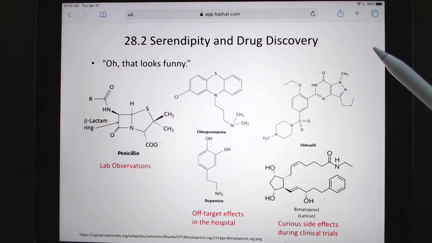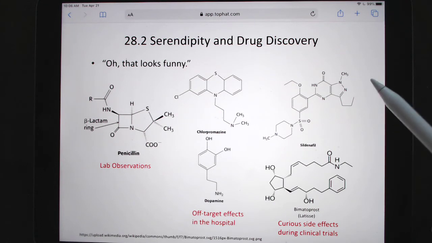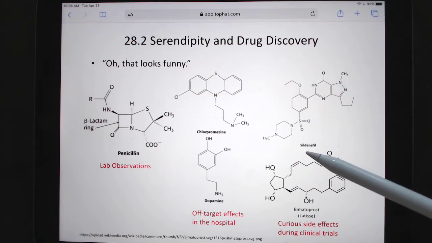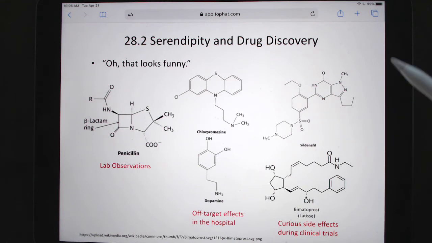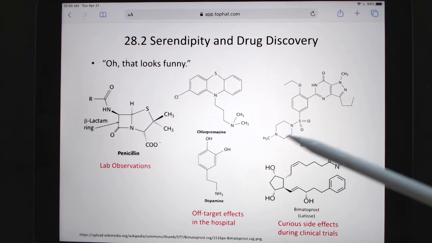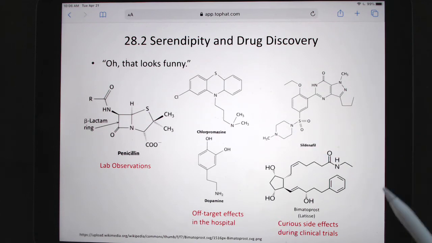When people were given a heads up, they noticed that this was happening more and more, an increasing side effect. And so they realized, oh my goodness, we may have a drug for erectile dysfunction.